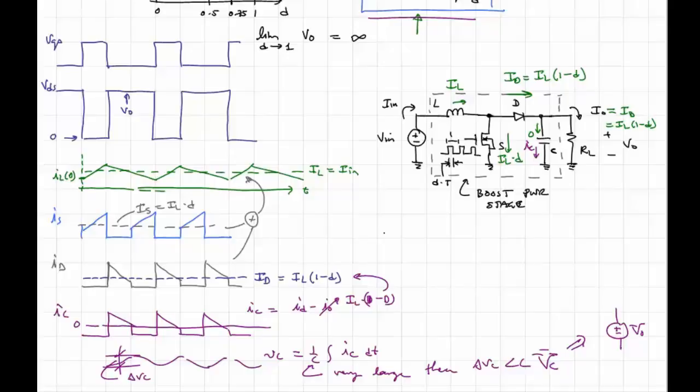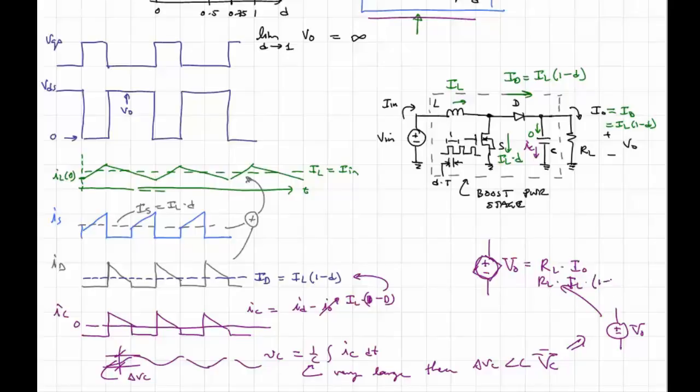The tricky part, and I'll close with this, is that this voltage source V out, normally we think of that as an independent source, so maybe I should actually draw it as a triangle. Its value in the end is going to be equal to RL times IO, which is RL times IL times 1 minus the duty cycle.